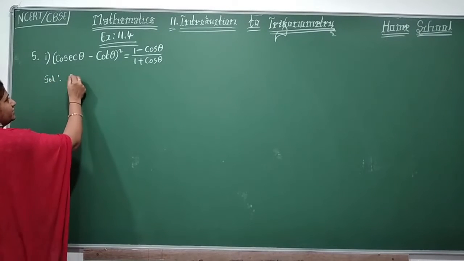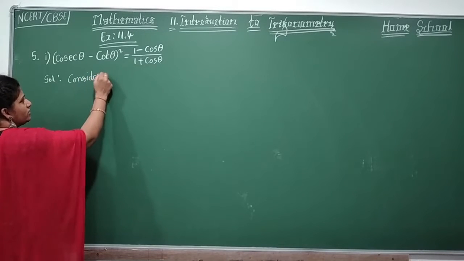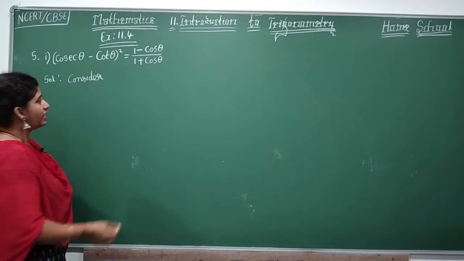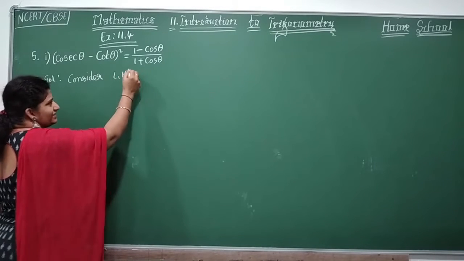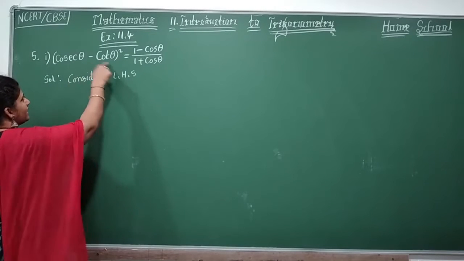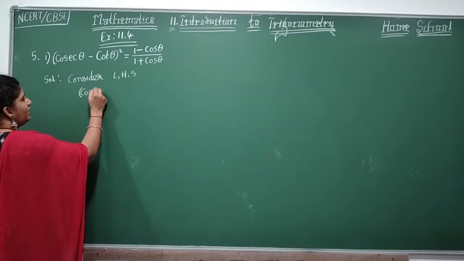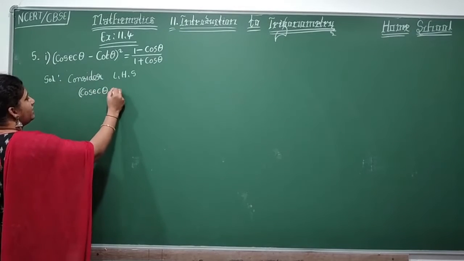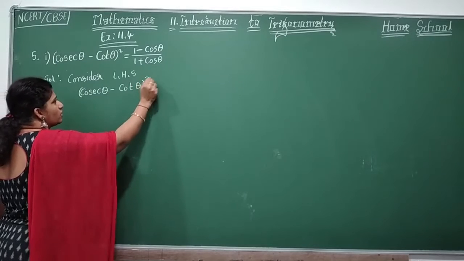We need to prove this, right? So let me consider the left hand side, LHS. What is the question we have here? Rewrite the question: cosecant theta minus cot theta whole square.